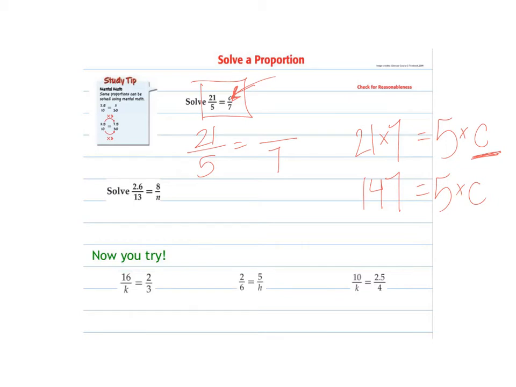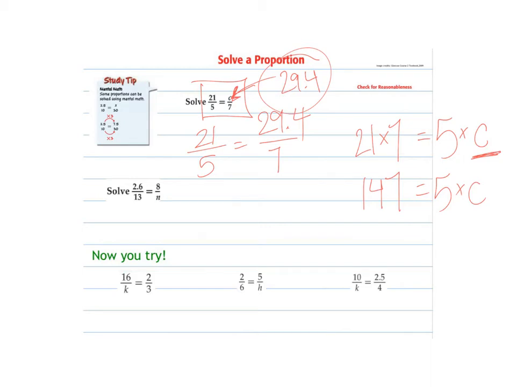So 29.4 is going to go right up here, and C is now equal to that. So C is equal to 29.4.